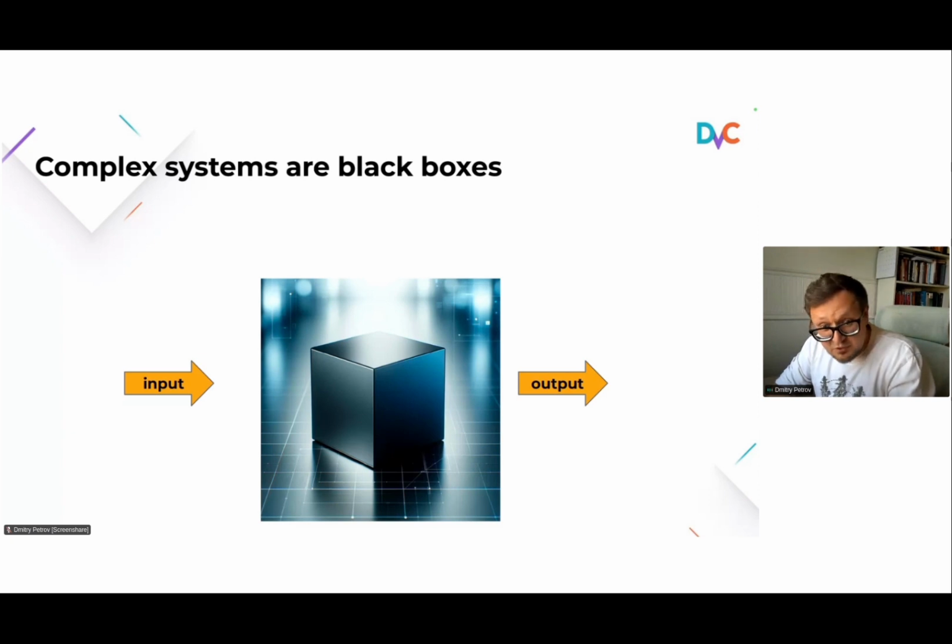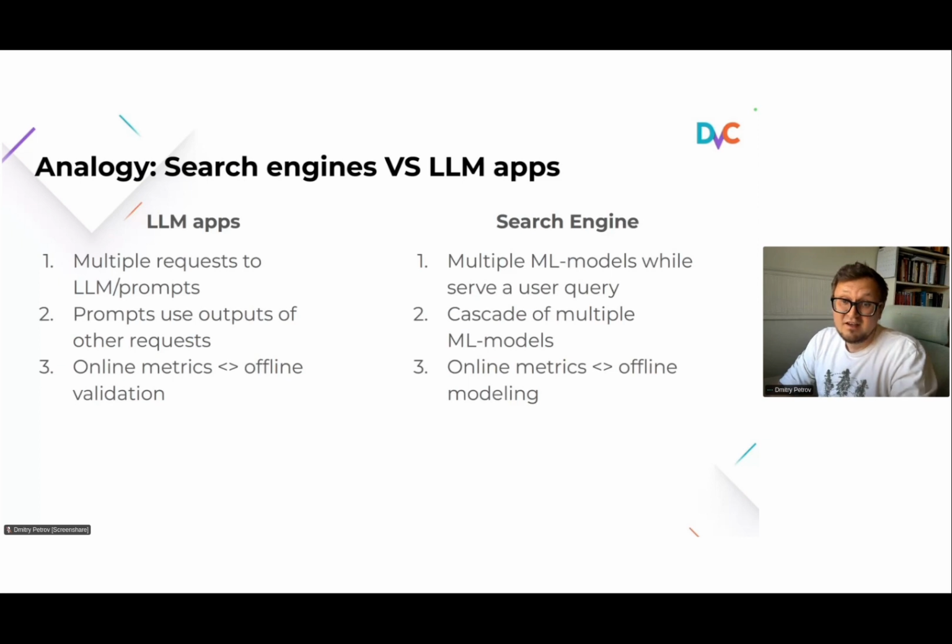And the funny part is there are a lot of similarities with the search engine. When you send some question to the engine, it also triggers multiple ML models. The number of models depends on your query, right? Sometimes it's a couple of models, sometimes dozens.